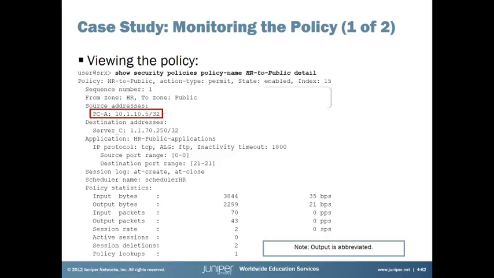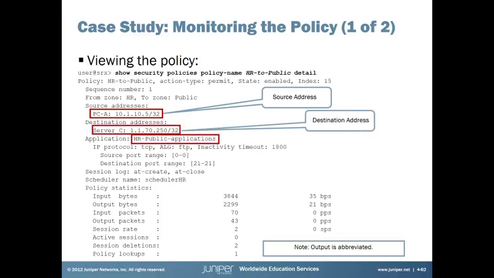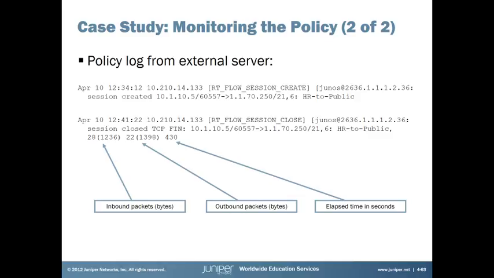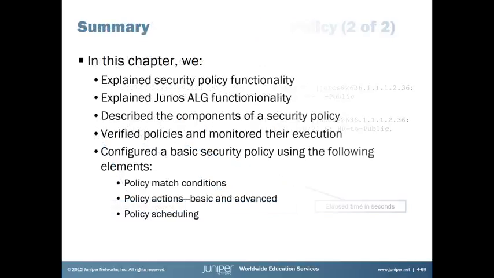Source address, destination address, there's our application set, that's our traffic, and that's our policy log there, where we can take a look at inbound packets, outbound packets, and elapsed time.